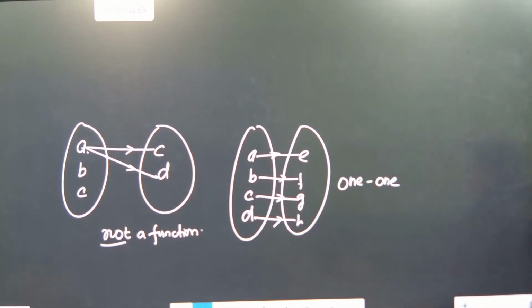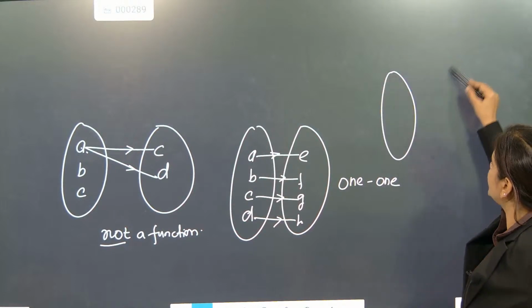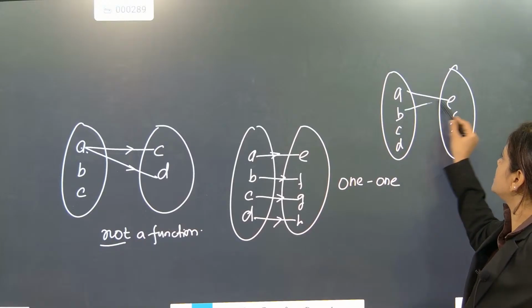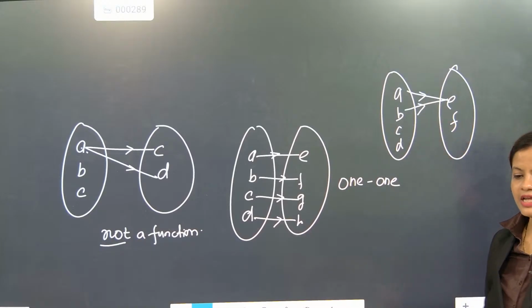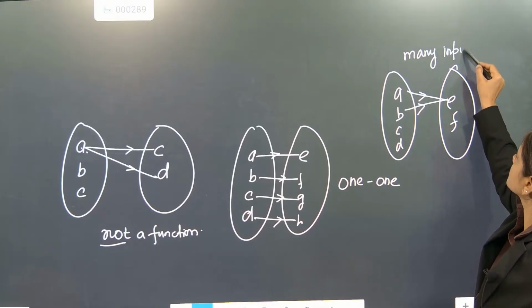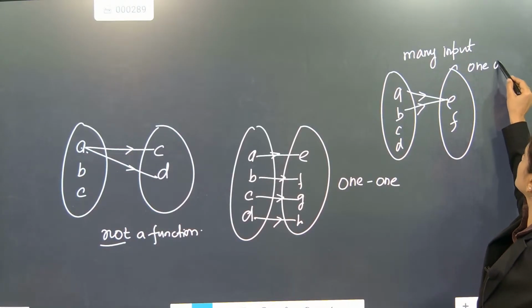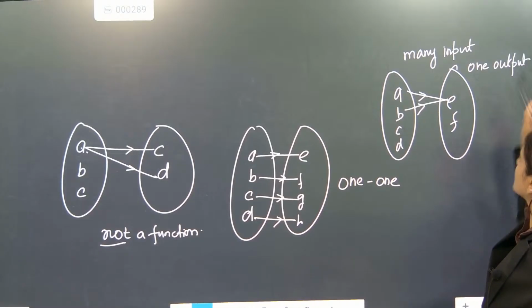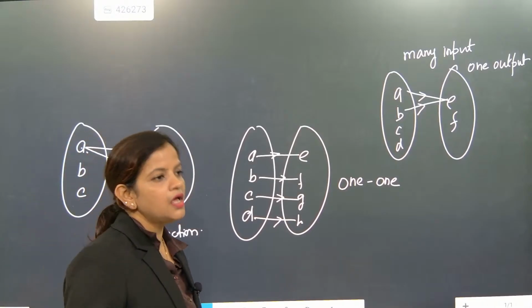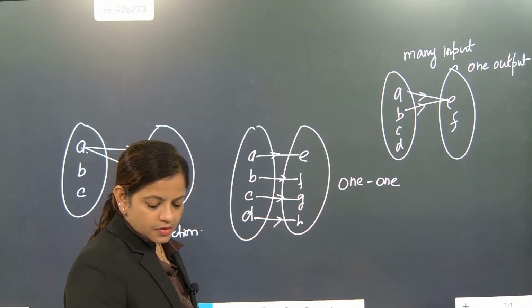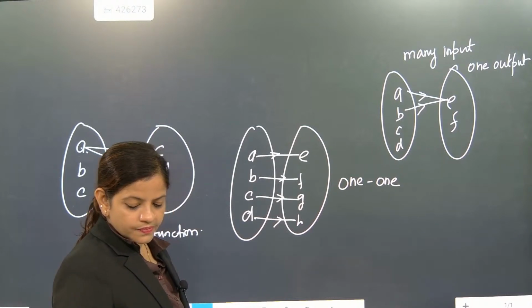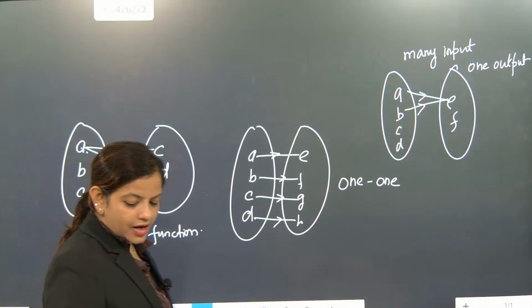Now, when this part is there, A, B, C, D, E, F, this will be considered many-one.